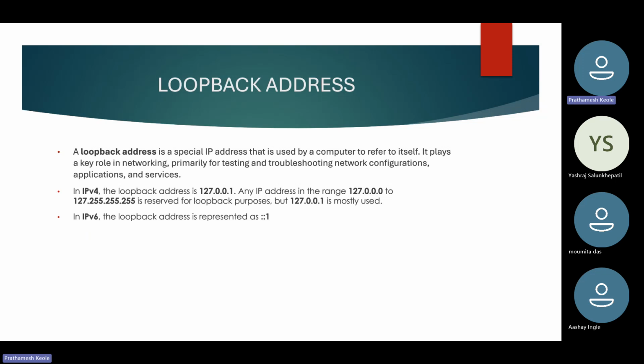It is the most used loopback address, and any IP address in the range of 127.0.0.0 to 127.255.255.255 is reserved for loopback purposes, but 127.0.0.1 is mostly used. In IPv6, the loopback address is represented as ::1, meaning before the one, all are zeros in the address.